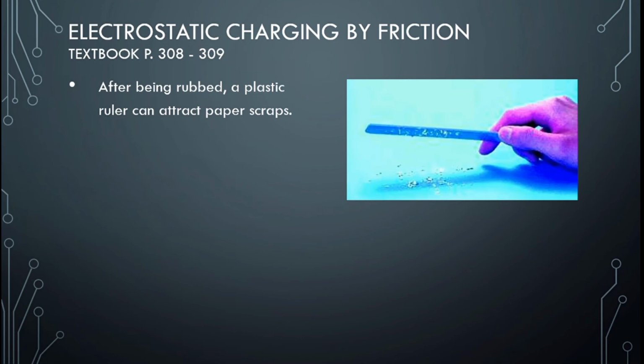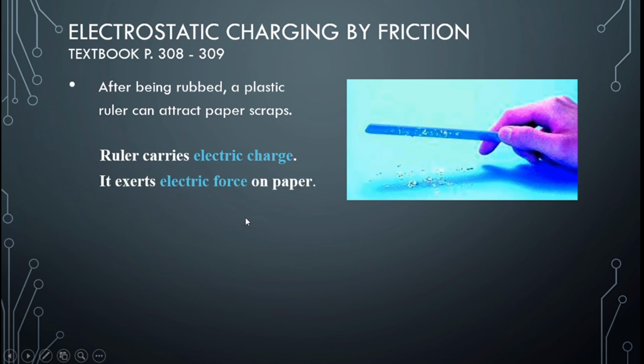Let me show you another example of rubbing. After being rubbed, a plastic ruler can attract paper scraps. Can you see that? The thing that you didn't see is when the ruler is rubbed with another object, the ruler carries electric charge.